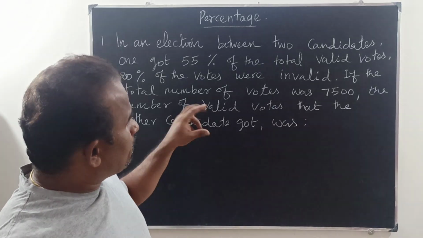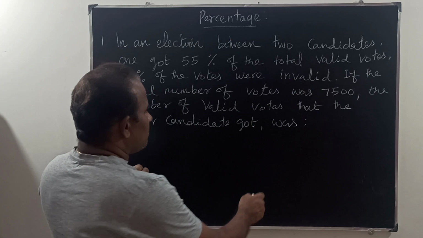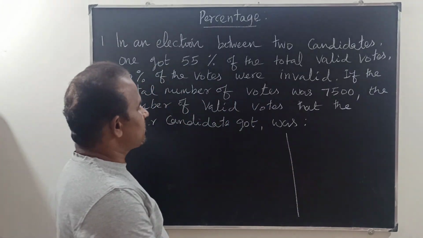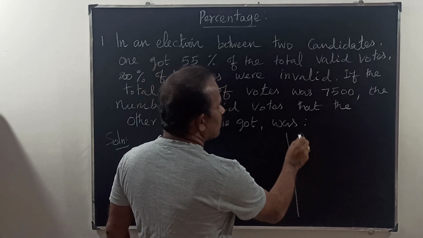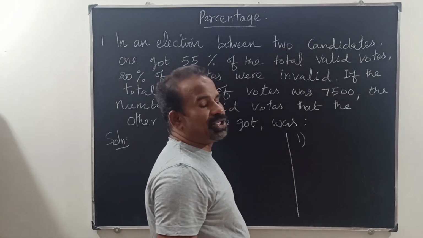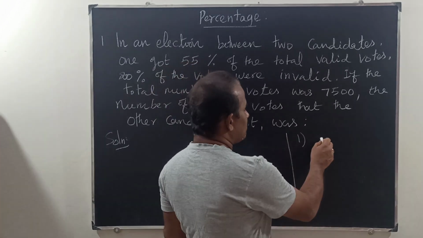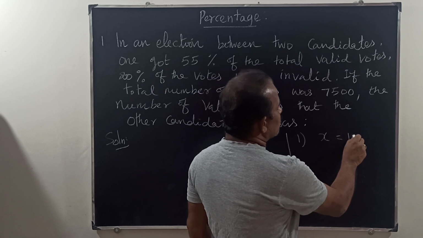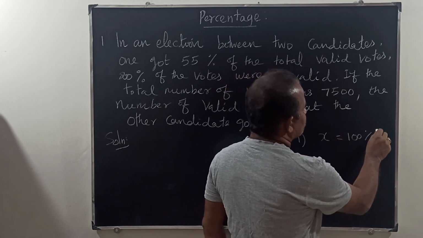Before going into percentage, I want to give two concepts. Number one is: anything is 100%. Any number, suppose let us take x. x is equal to 100% of x.